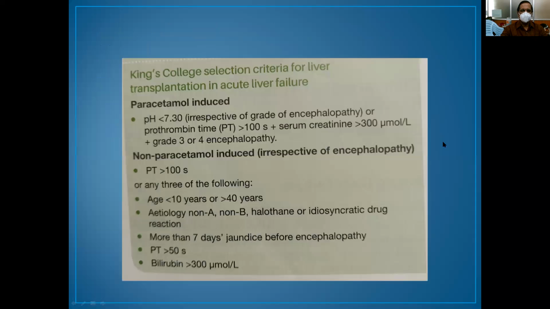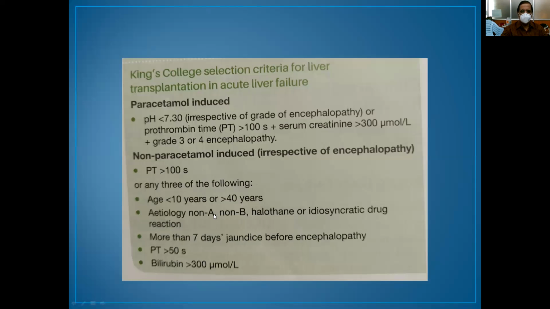And this is a question asked in the NEET examination: what are the King's College selection criteria for liver transplantation in acute liver failure? This was the question asked in the last NEET examination. So these King's College selection criteria are used for liver transplantation in acute liver failure.